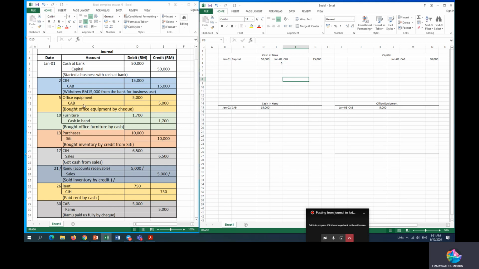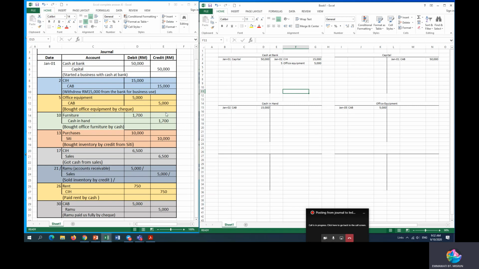And then the double entry for cash at bank on January 5th is office equipment. So write it down, office equipment on the credit side. And the amount on January 5th is 5,000. As simple as that.